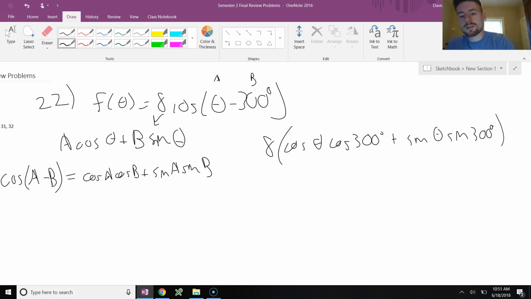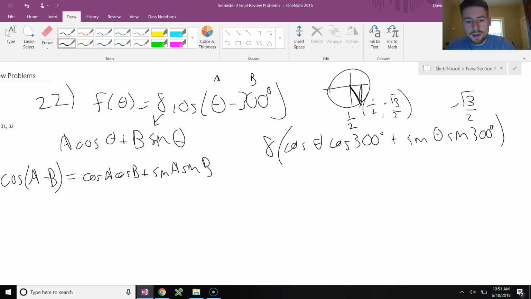If you were to go to the unit circle, 300 degrees, so this is 270, so that would be 300. And the cosine is equal to 1/2, and the sine is equal to negative root 3 over 2. So that point right here is 1/2, negative square root 3 over 2.